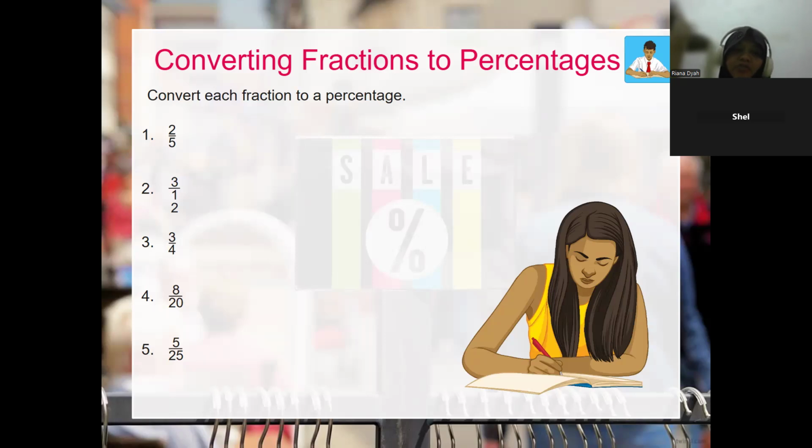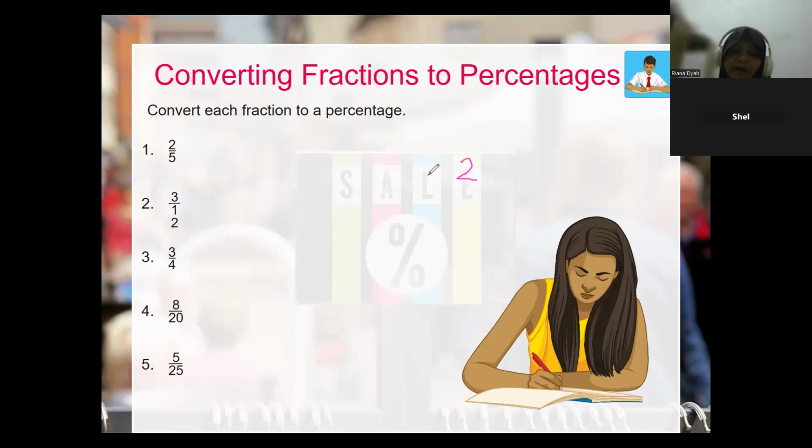For example, 2 out of 5. I'm going to give you the example for number 1, yeah? So 2 divided by 5. 2 divided by 5 cannot, so we put 0 here and 0 here. Yeah, so we minus it. So it's 2 again. And then we put an additional 0 on it, and the decimal point. Now 20 divided by 5 is 4, right? 4 times 5 is 20.